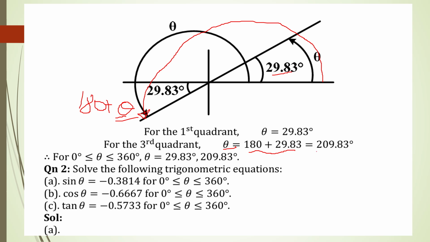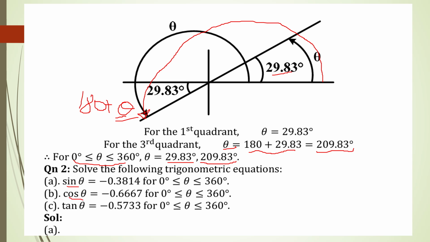So you're going to end up with 209.83 degrees as your second angle. So we make a conclusion that, therefore, for this positive range, the value of theta is going to be 29.83 degrees and also 209.83 degrees.